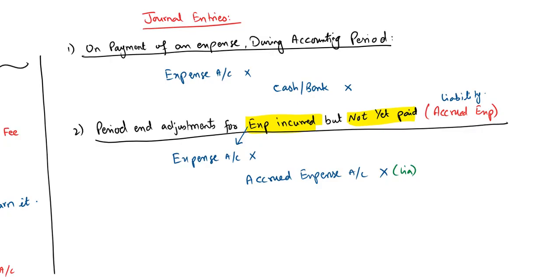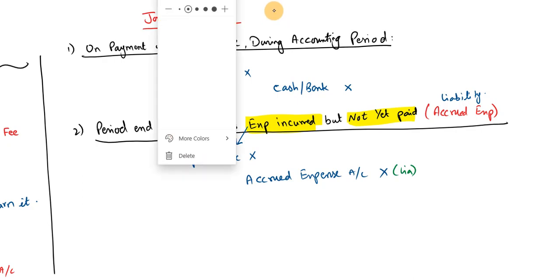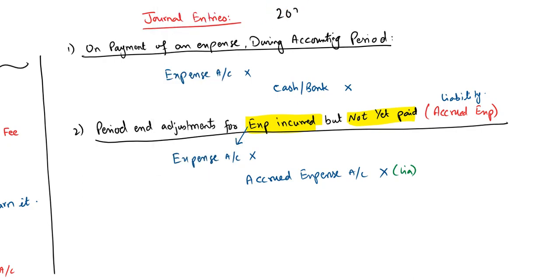Okay. So what happened at the start of next accounting period? For example, these entries are related to the accounting period 2024. And this entry period and adjustment entry will be on the 31st December 24.